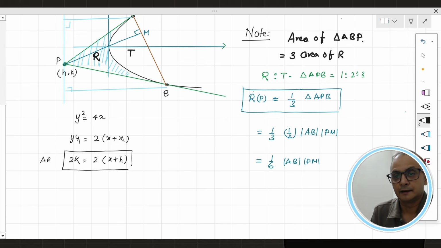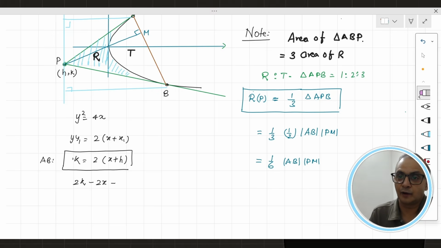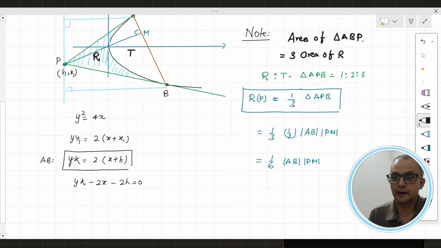And now our work is to find out the length of perpendicular. So length of perpendicular, how do we find? We know that this we can write as yk minus 2x minus 2h is equal to 0. And why I have written 2k there? That should be yk. Sorry for that. And we are dropping the perpendicular from the point h comma k.